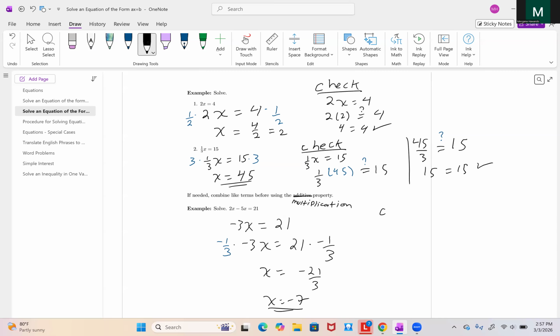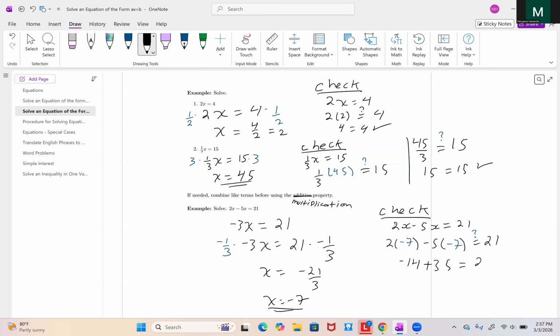Now we can check. 2x minus 5x is equal to 21. Replace x by -7. 2 times -7 is -14, and minus 5 times -7 is plus 35.